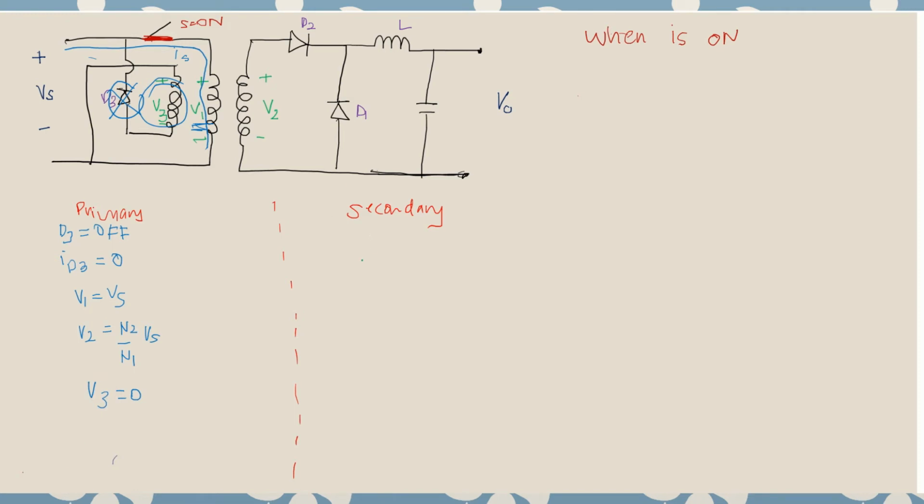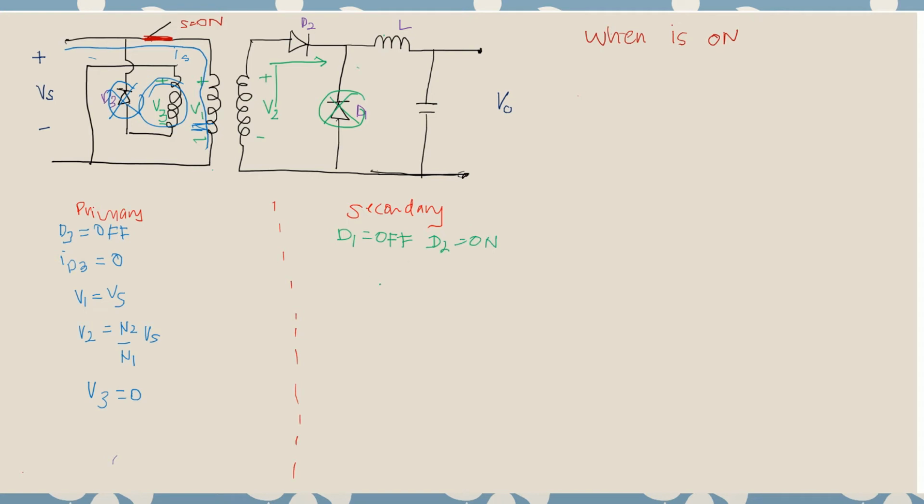Let's see the secondary side. The current is now flowing. So this current will flow, but D1 will become reverse biased. So D1 is off, but D2 is on.